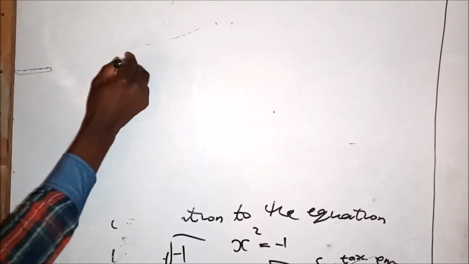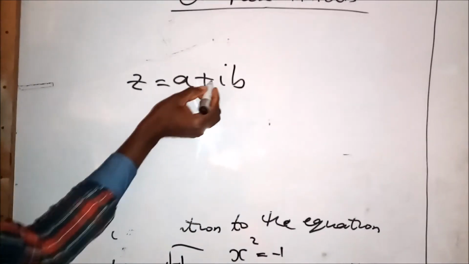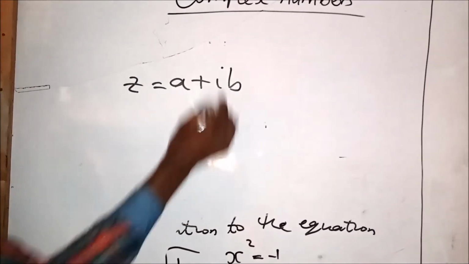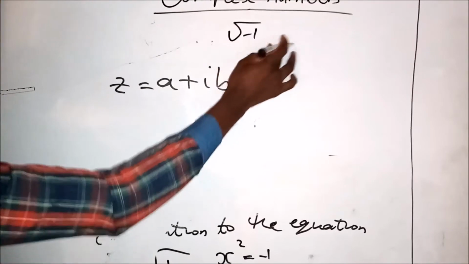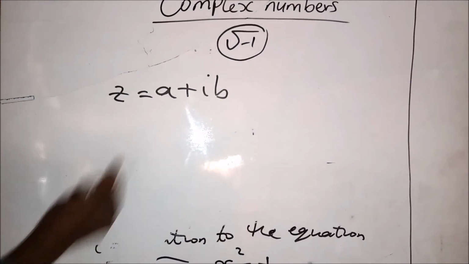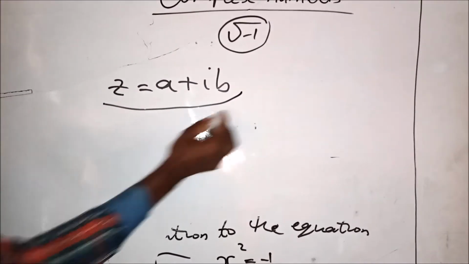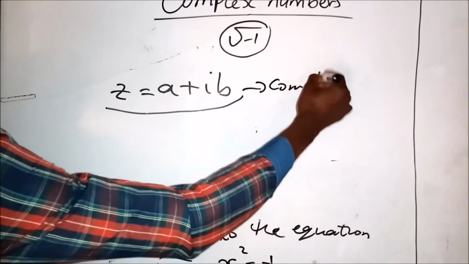Since we say that a complex number can be a plus ib, this i stands for square root of minus 1. The presence of this square root of minus 1, which is i, in this particular number, now makes this number a complex number.